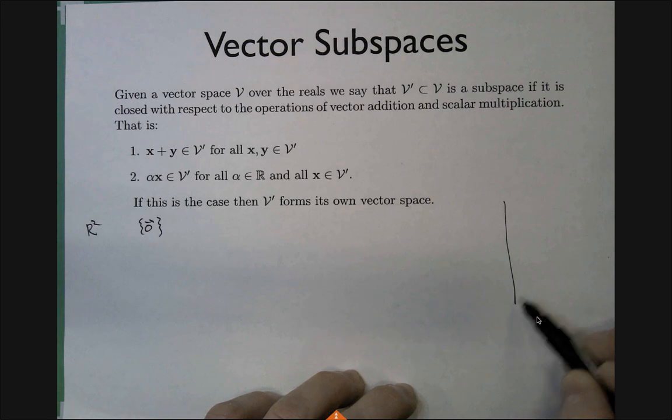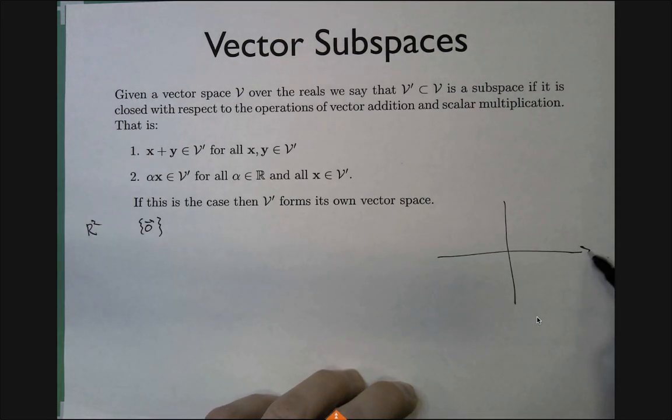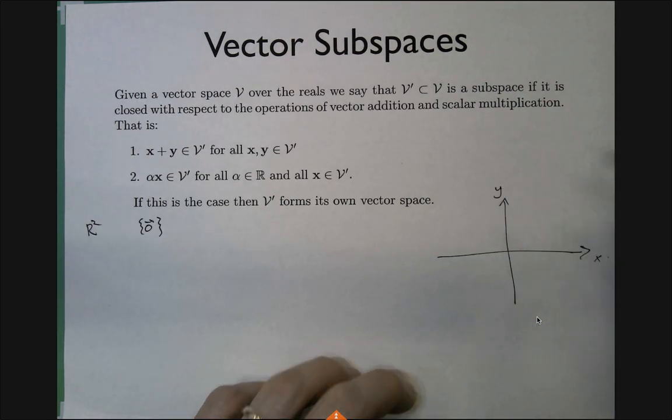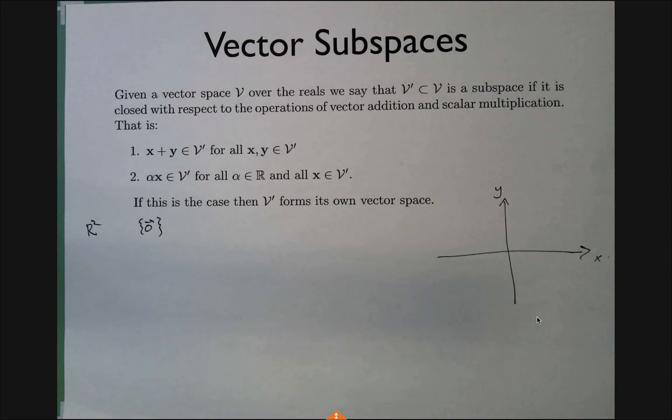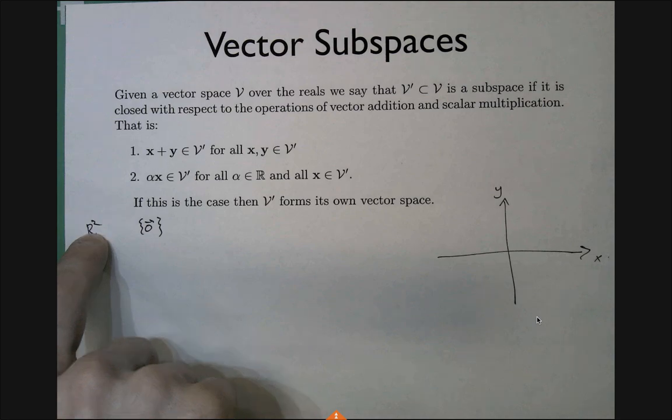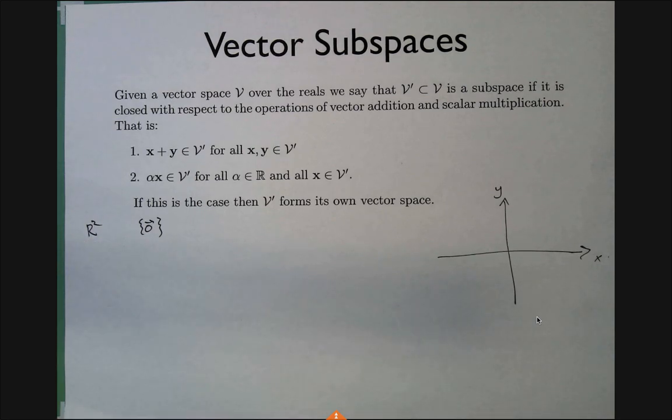So let me draw my favorite R2. This is the x-axis, this is the y-axis. Does anybody have an idea? Now you have to be more creative. Now you have to think how it has to do with the dimension of the original space.